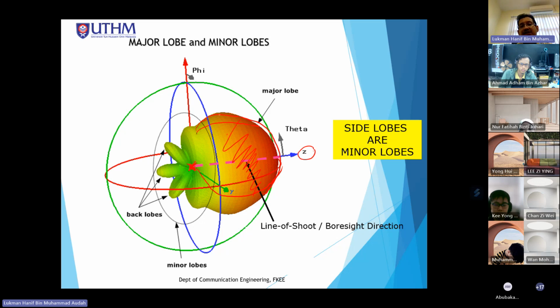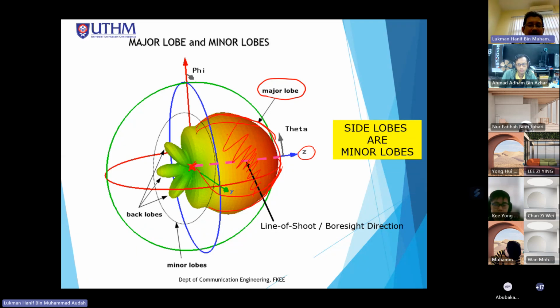The majority of the wave goes through that direction, along the z-axis, and since the majority goes to that side, we form what we call a major lobe. The term major lobe means that the majority of the wave moves in that direction.